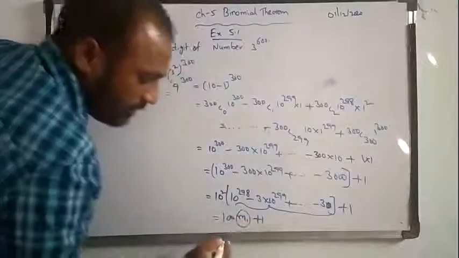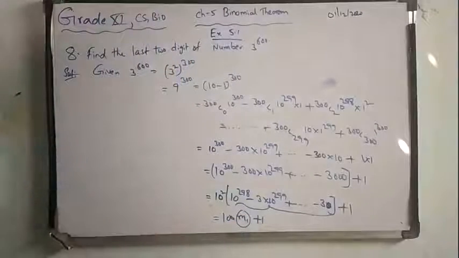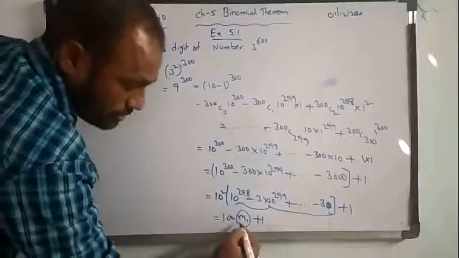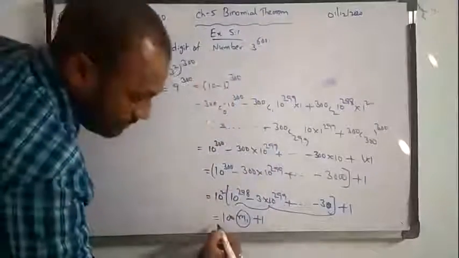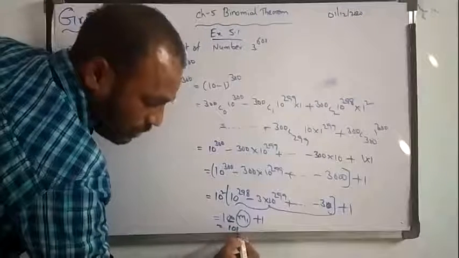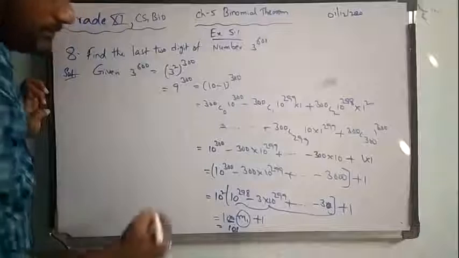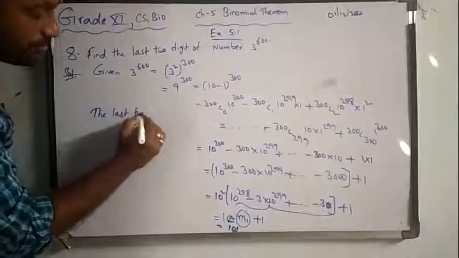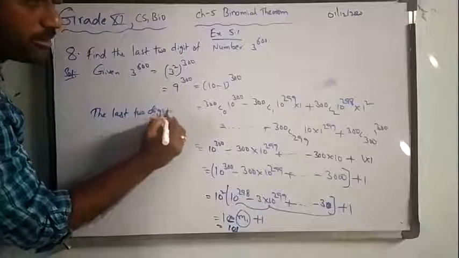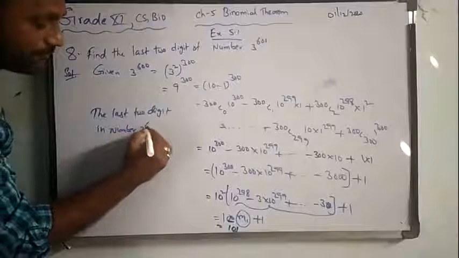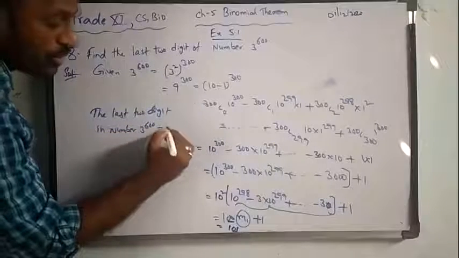This total is a multiple of 100. So the last two digits will be two zeros plus 1, that is nothing but 01. So the last two digits in the number 3 to the power of 600 is 01.